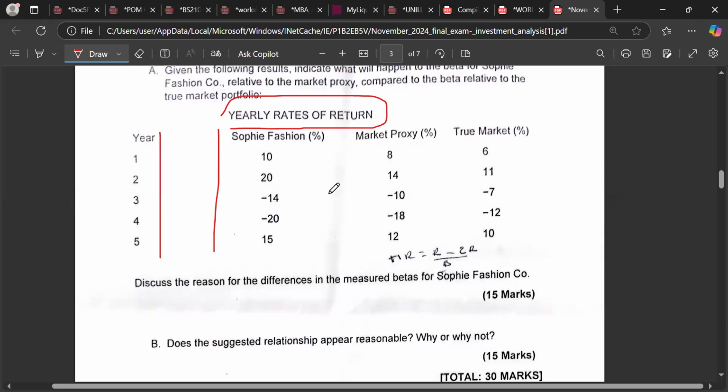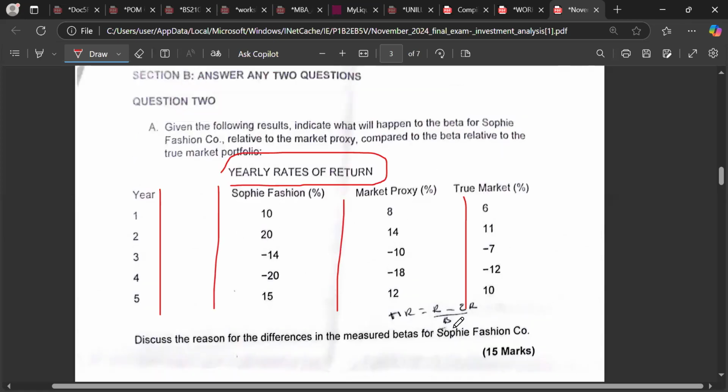Sophie's returns are here, the market proxy is here, and the true market is here. Based on these tabulations, we are required, firstly, to discuss the reason for the difference in the measured betas for Sophie Fashion Company.